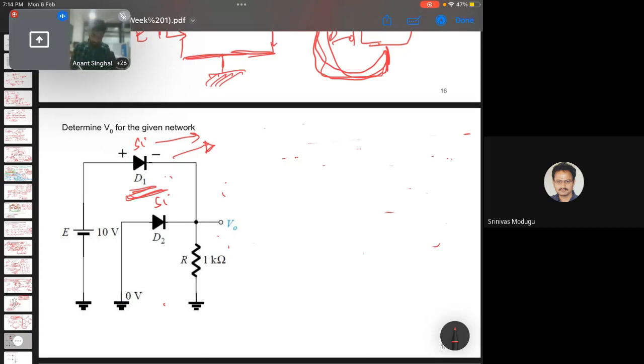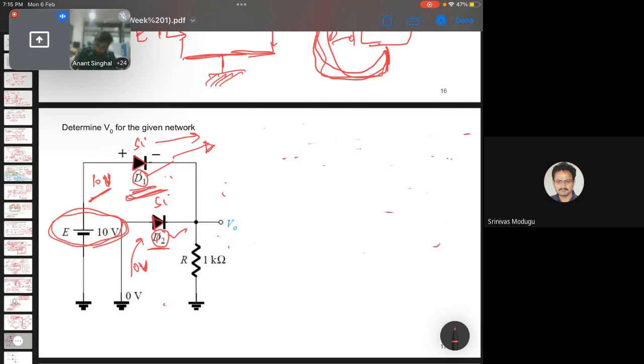We can see the applied voltage for the diode D1 is quite high, which is 10 volt. And we can see this diode is connected to a ground, which is 0 volt. So we can assume a few things just seeing the figure: there is a huge possibility that this diode D1 will be in forward bias and this diode D2 will be in reverse bias, since the positive terminal of D1 is connected to a very high voltage compared to its negative terminal, and for D2 the positive terminal is connected to ground.